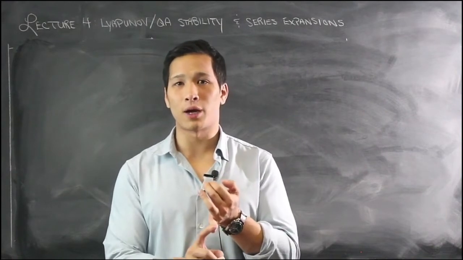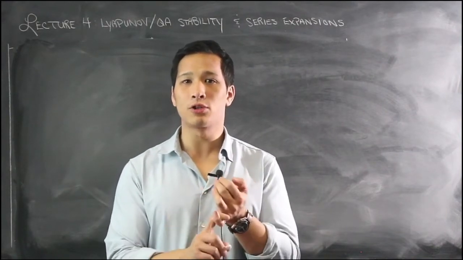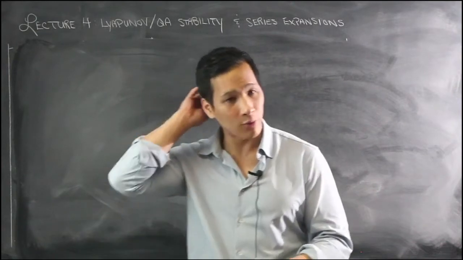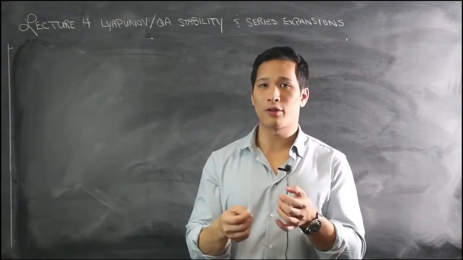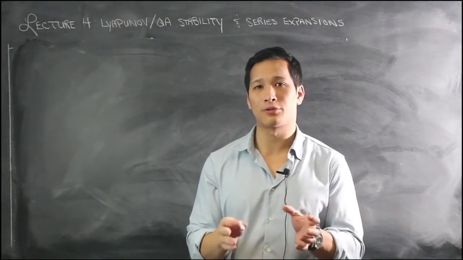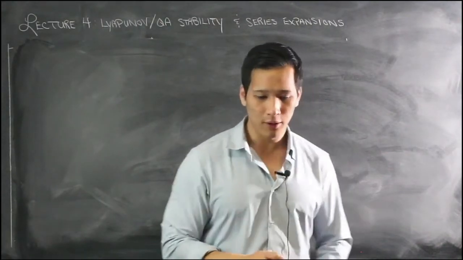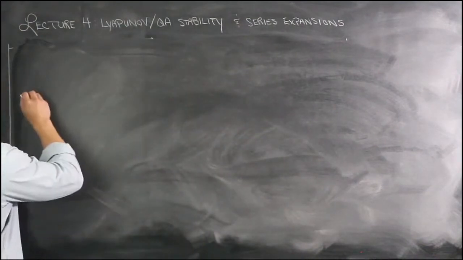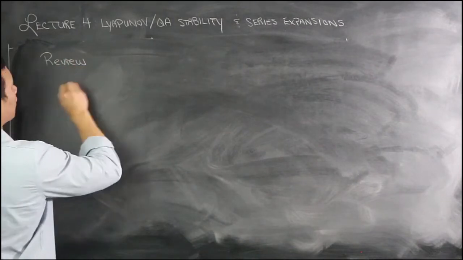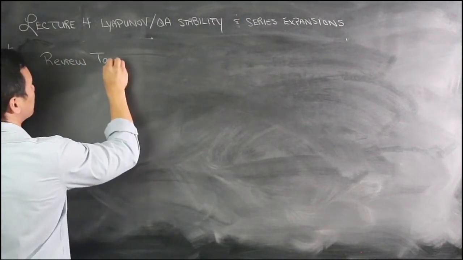And then finally, I'm going to introduce to you probably a new tool that you haven't seen before, which we can call the method of dominant balance. We're essentially going to be using this method of dominant balance in order to solve equations that we wouldn't necessarily be able to solve in closed form. Okay? So the basic review that we're going to start off with is Taylor series in 1D.